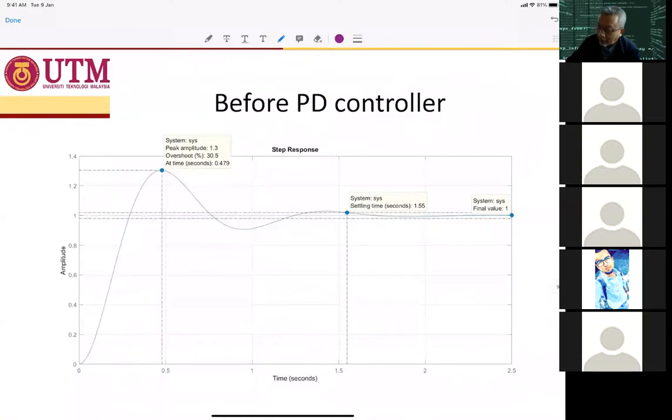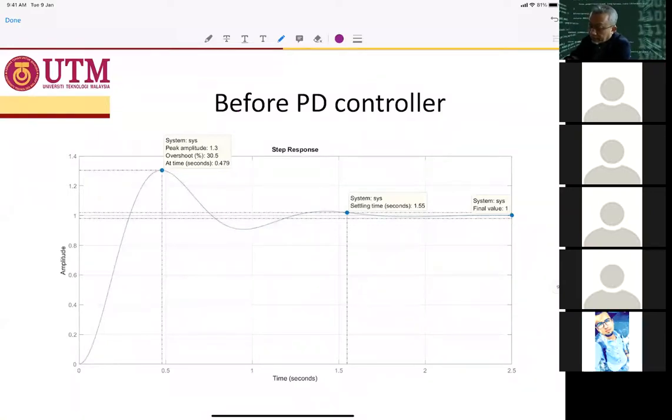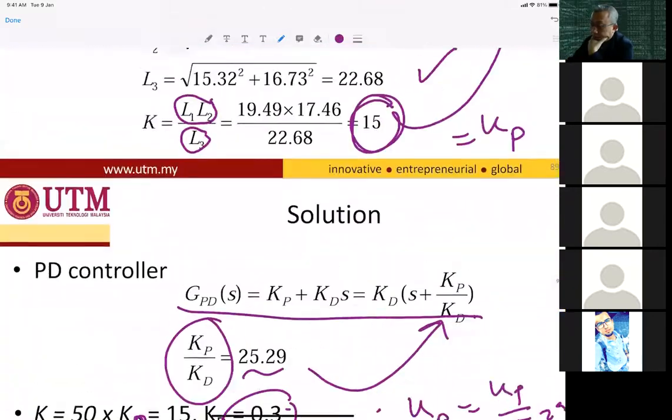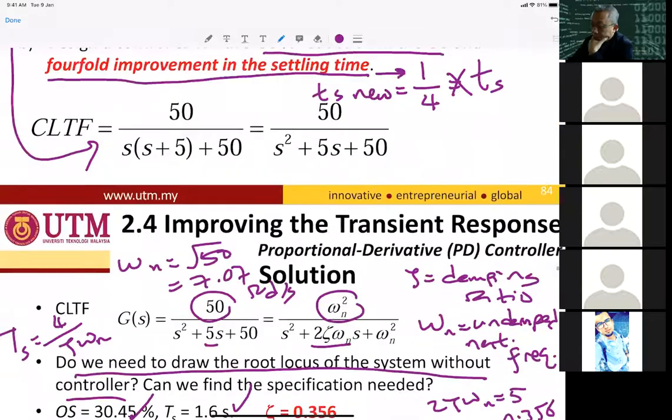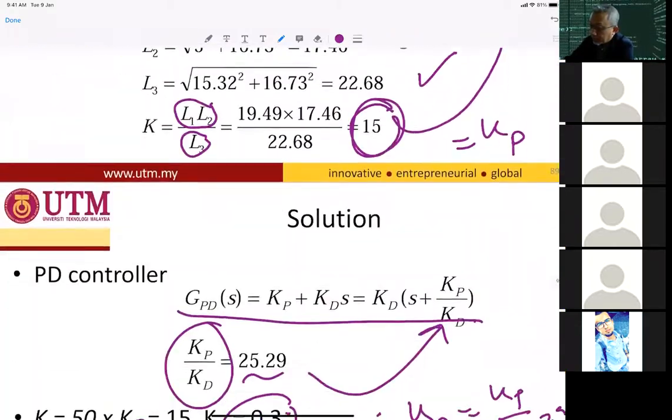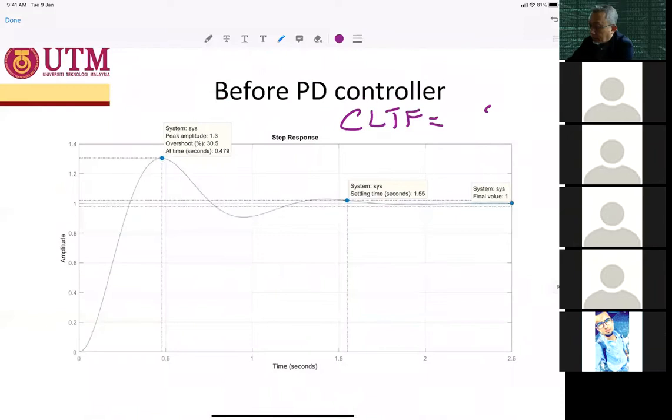So when we compare the time response with the PD controller, this is before. To get this response, the closed loop transfer function is here: 50 over s squared plus 5s plus 50.